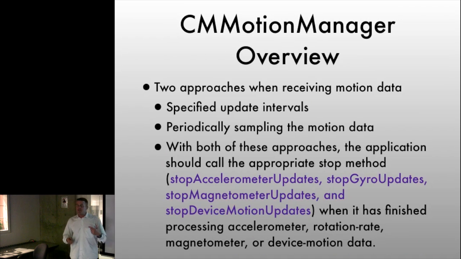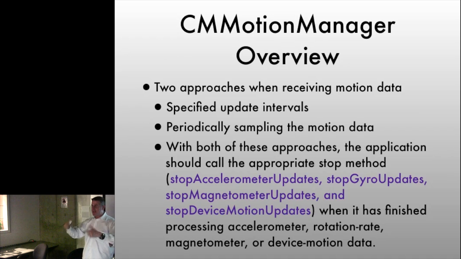There's a couple of different ways that you can get motion data from the phone. You can specify that you want updates on a periodic rate. Say you are coordinating this with MapKit, and you're using this to sense the rate of speed that your iOS device is moving at a specific time.